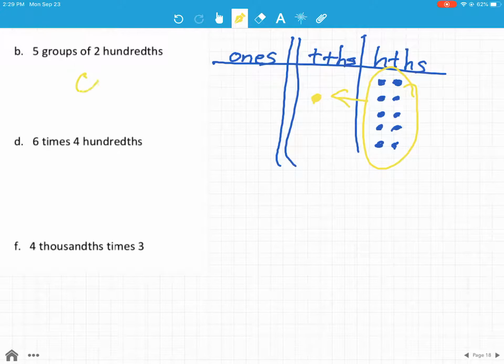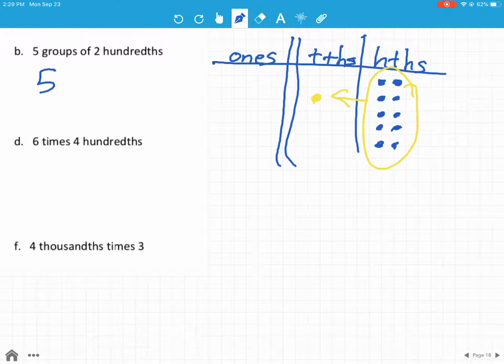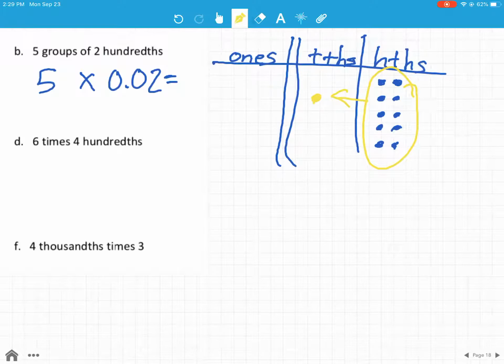So my number is, first I have to write it down, the equation. We have 5 groups of, the word of means multiply a lot of times in math, 2 hundredths equals 1, oops, that's wrong, 0, 1, 0.